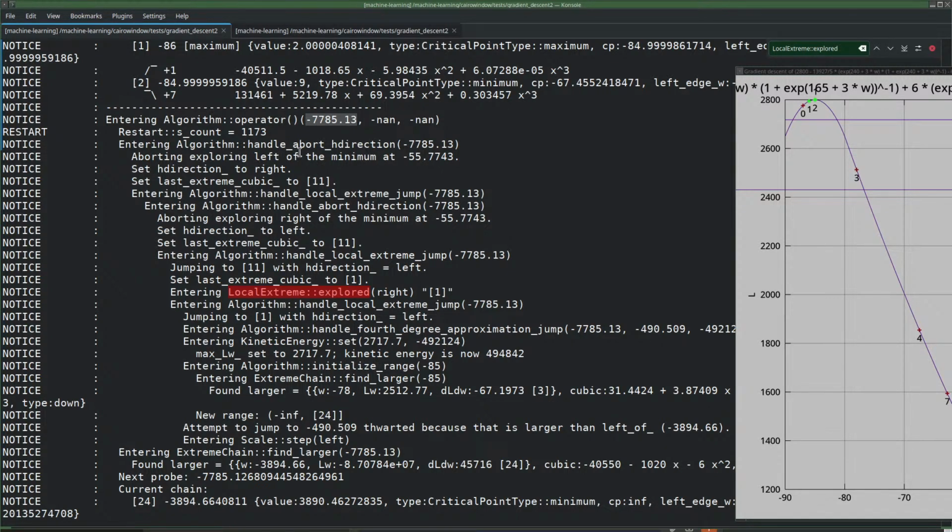Maybe I just should not abort the direction, but handle it as a minimum. Then this would be the final. I mean, the one before this or something. I don't know. Yeah, it fails, so we jump back to. I mean, I could do call abort.